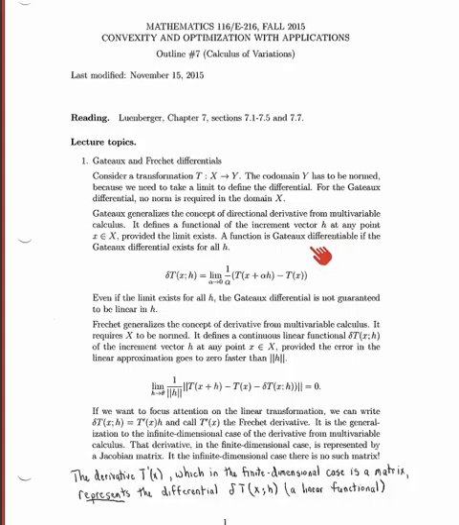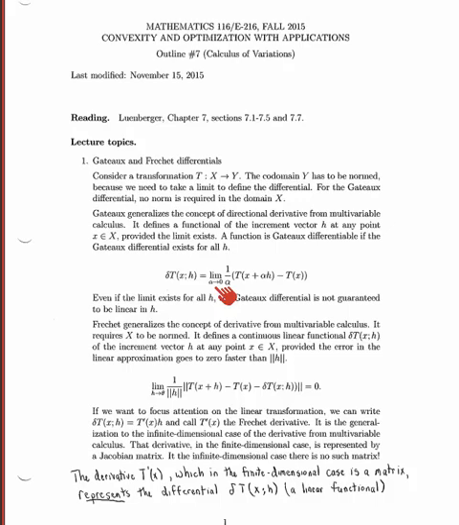And we say that a function is Gateaux differentiable if the following Gateaux differential exists. We take T evaluated at x plus alpha times h. We subtract off T evaluated at x. We divide by alpha, take the limit as alpha goes to 0.